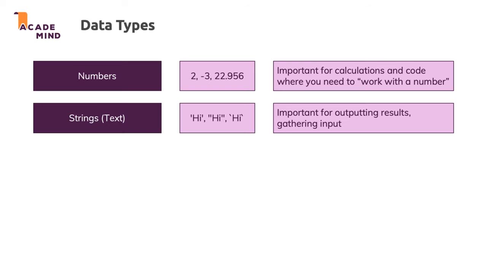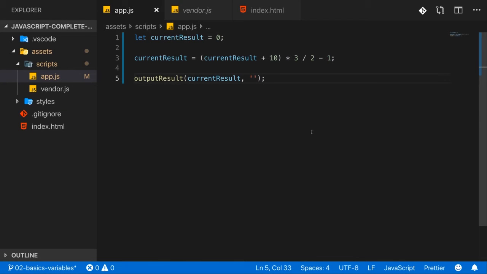Now we can see both types in action here in our program. We got a bunch of numbers here, and this thing here actually is a string. It just happens to be an empty string. With empty string, I mean that this is just an opening and closing single quote, and I could have used double quotes as I mentioned, but there's nothing in between.